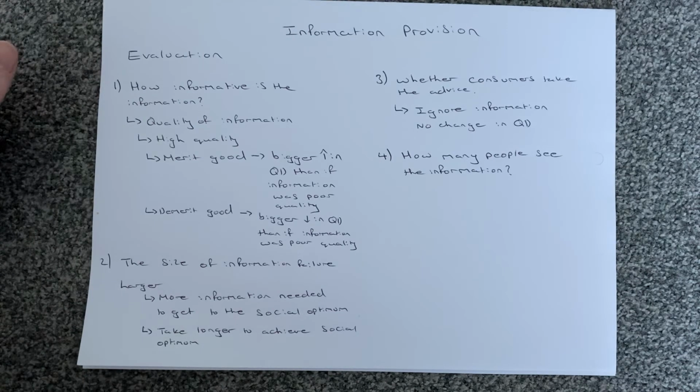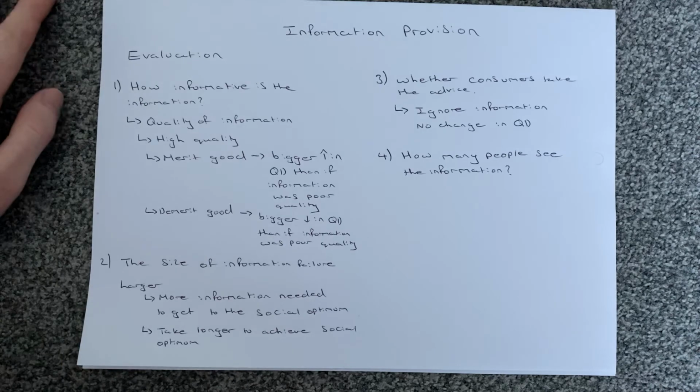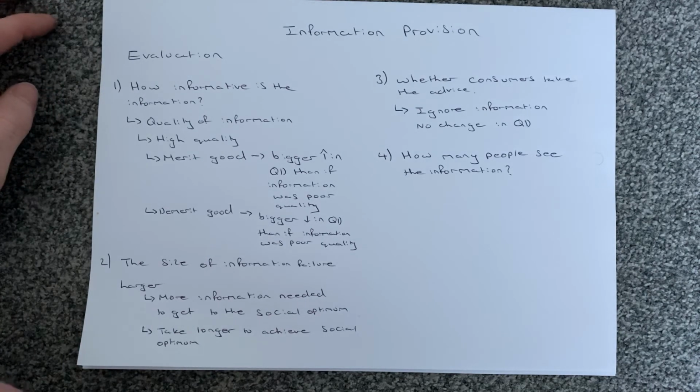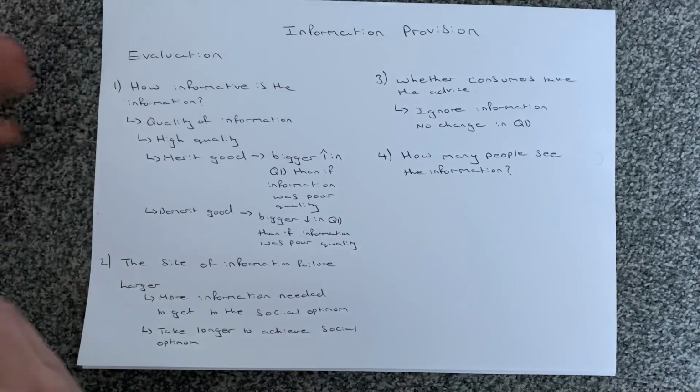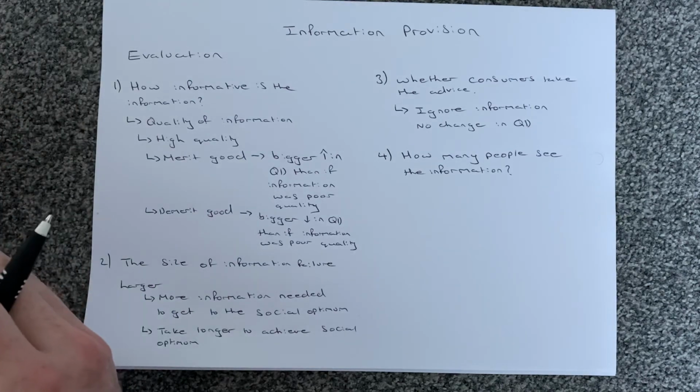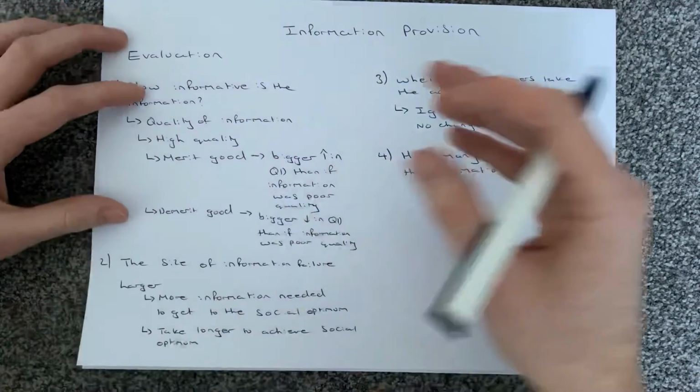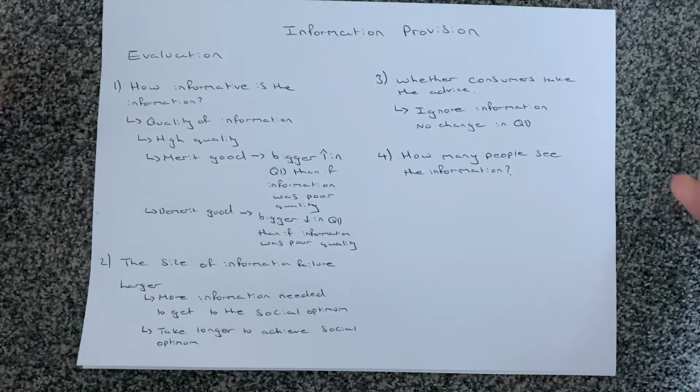Obviously, it's illegal, but there are also many other things that come with it. The potential death that you may cause by drink driving, and all the other implications, as I mentioned, that could come with it. But yeah, it's really important how many people actually see that information, because obviously the more people that see it, hopefully, therefore, more people will change their actions. Whereas the fewer people that see it, the less impact that would have.